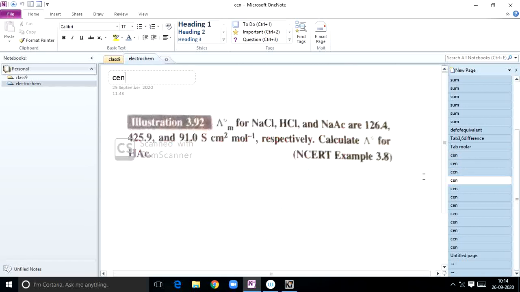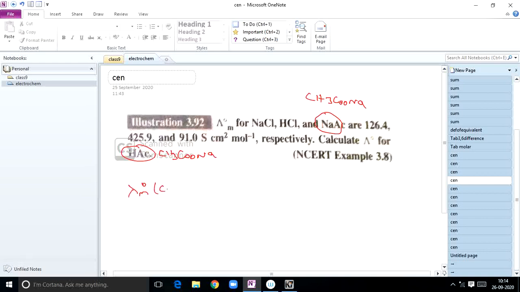Next, lambda m naught for NaCl, HCl, NaAc. What does NaAc represent here, students? NaAc means sodium acetate, which is nothing but CH3COONa. So he is asking lambda m naught for CH3COOH, acetic acid, a weak electrolyte, indirectly given like that. Same technique, a very important model. You have to bring out the relation using these salts.